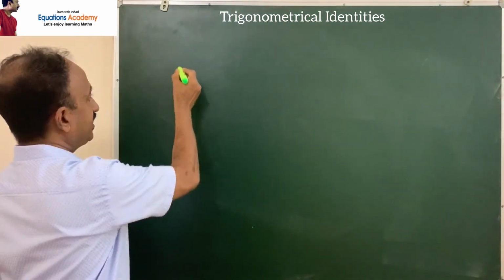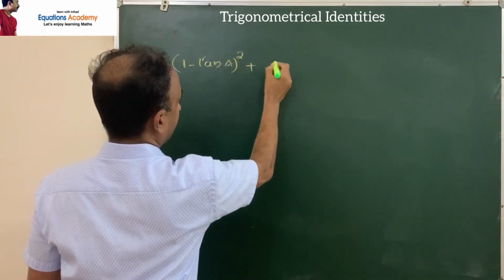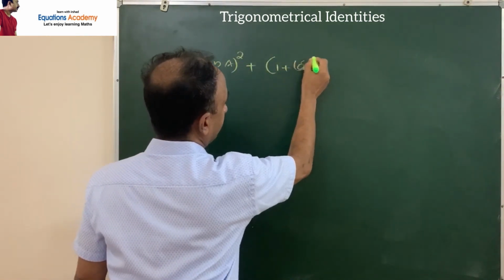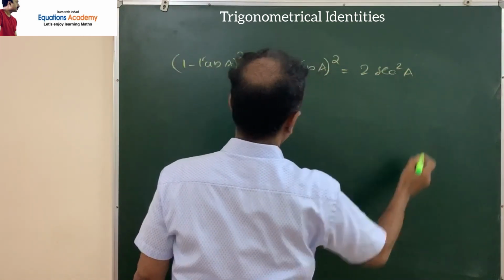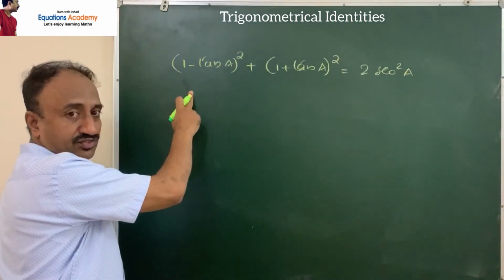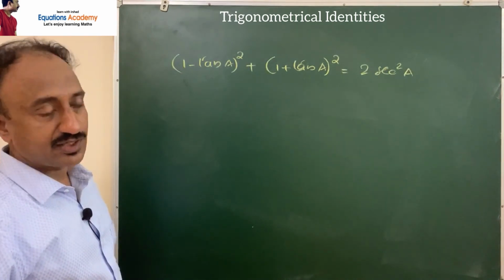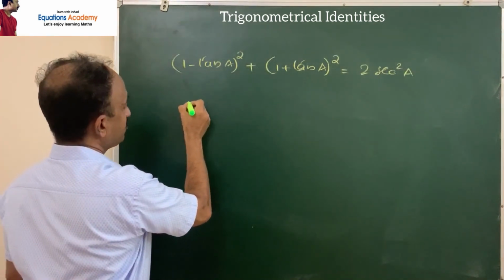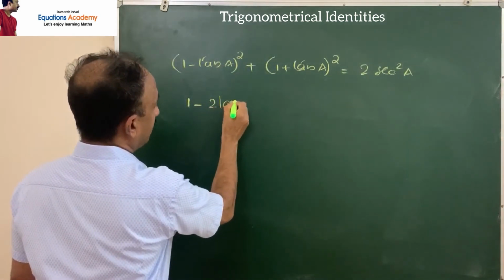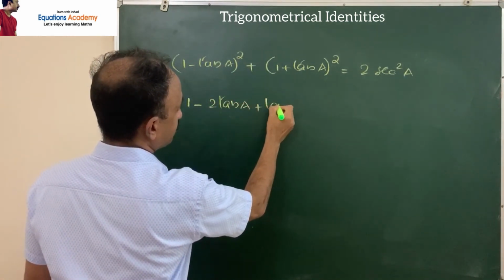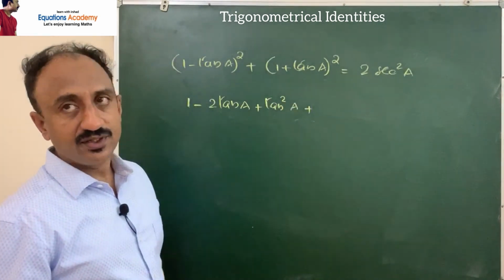Question 6. Prove that 1 minus tan A whole square plus 1 plus tan A whole square is equal to 2 sec square A. This is of the form A minus B the whole square, which is equal to A square minus 2AB plus B square. So 1 square is 1, minus 2AB, 2 into 1 into tan A, it is 2 tan A, plus B square, it is tan square A. Plus A plus B whole square, A square plus 2AB plus B square.